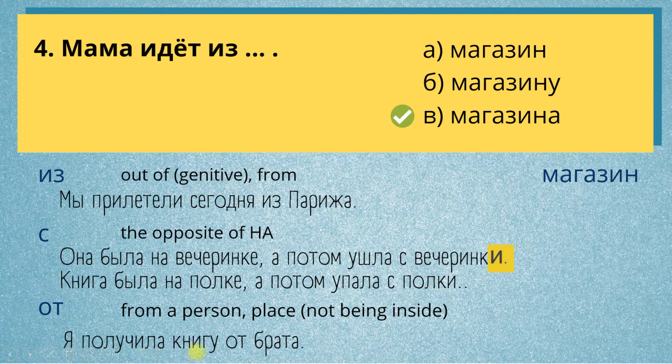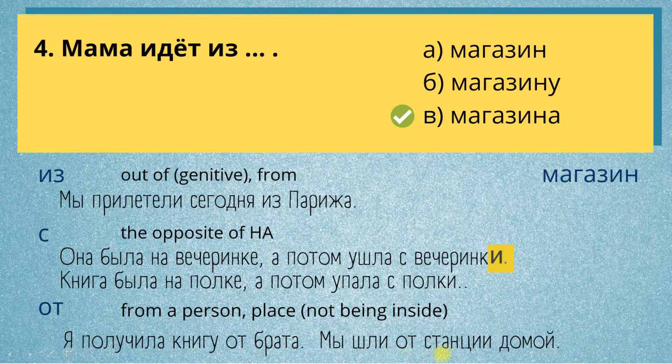Я получила книгу от брата. From, again, from. You have a person, so it's just genitive case, but от брата. Even if you go from this person, it would be still от. Or from things, it's more about how you are going, from what place or what person you go. And мы шли от станции домой.